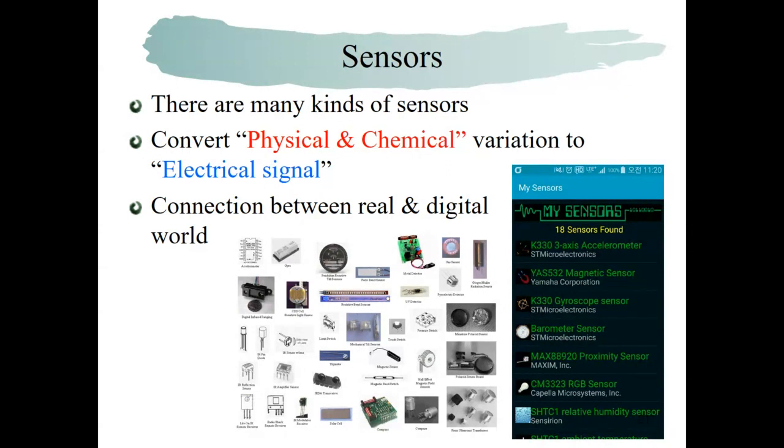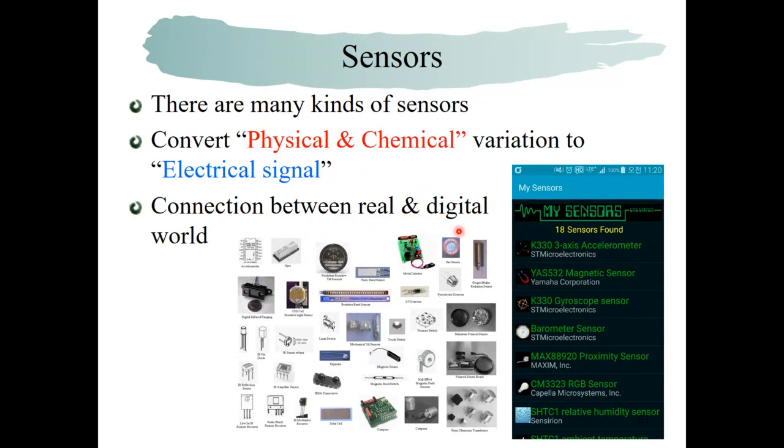In many senses, we convert some physical or chemical variation to an electrical signal. We need some kind of interface, and that is called the sensor. Nowadays, this is a connection between the real world and the digital world.